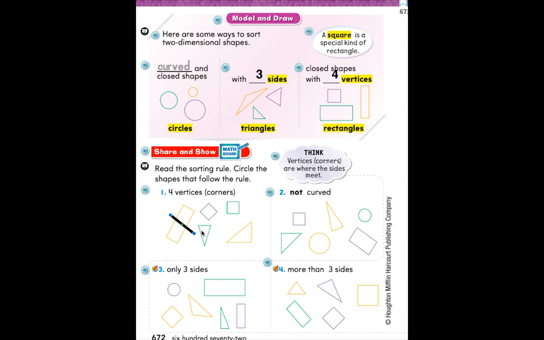It's a triangle. Does a triangle have four vertices? Let's count. One, two, three. So we will not circle this. The joining point is called a vertex. One, two, three, four. It has four vertices. So let's make a circle over here.